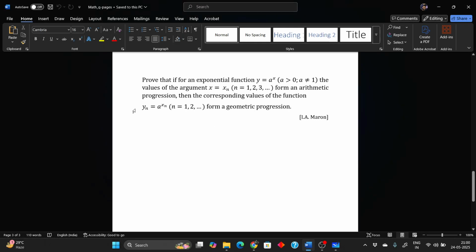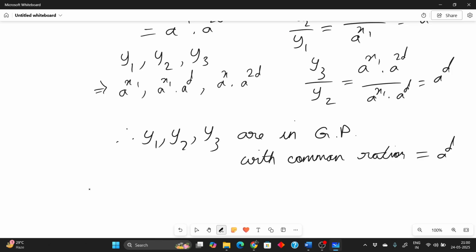And as we had to prove, y_n equals a to the power x_n is a geometric progression. Therefore y_n equals a to the power x_n form a GP. Hence proved. So that's it. That's the solution. Thank you for watching.